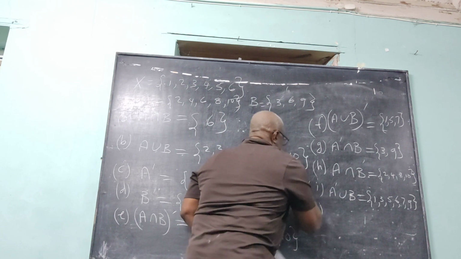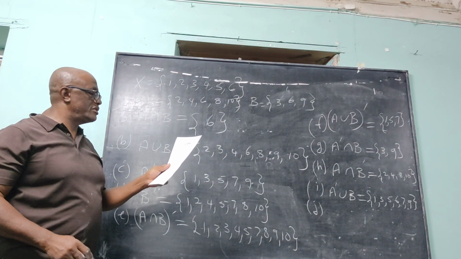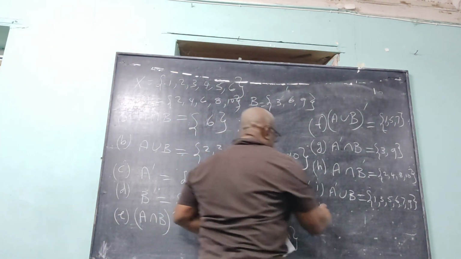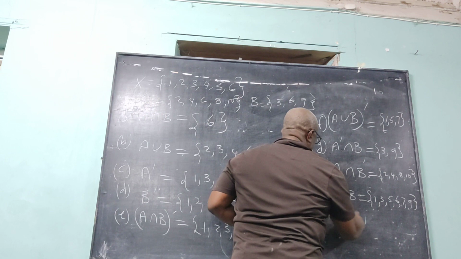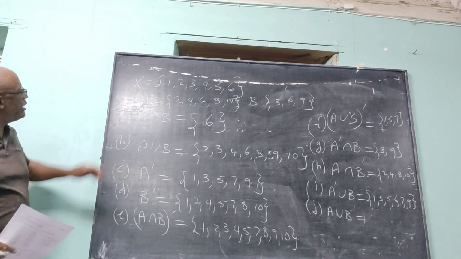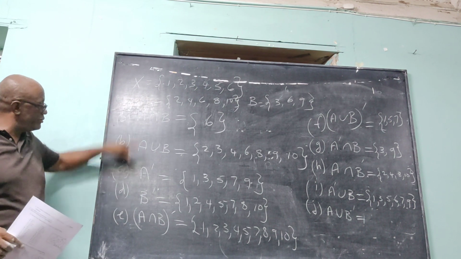J says A union B complement. You are joining A with B complement. You are joining up these two.